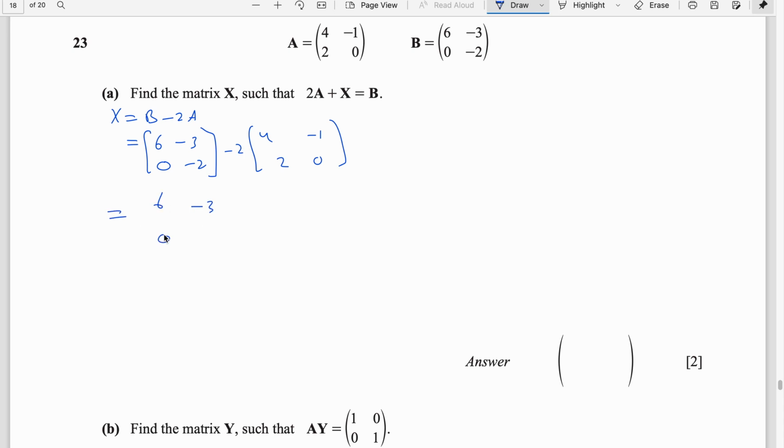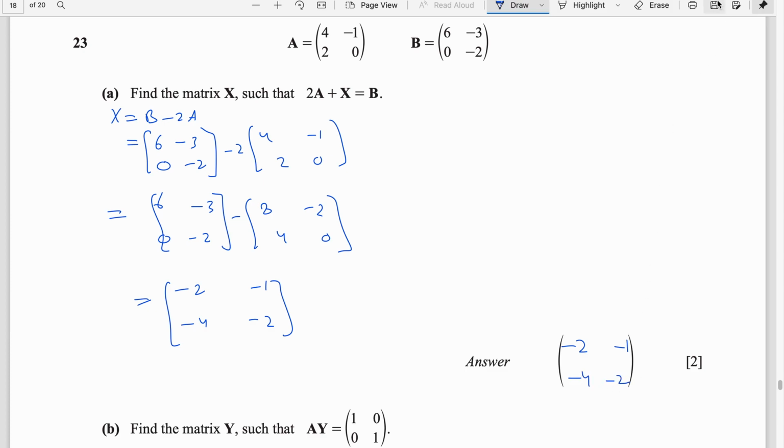Multiply this 2 with every element. 2 fours is 8, minus 2, 4, 0. 6 minus 8 is minus 2. Minus minus is plus, minus 1, 0, minus 4, and minus 2. So your final answer is minus 2, minus 1, minus 4, minus 2.